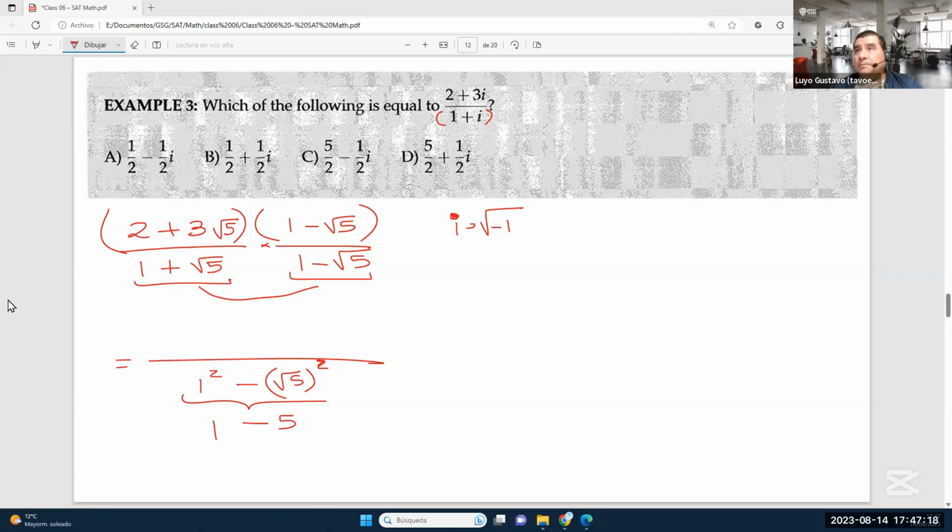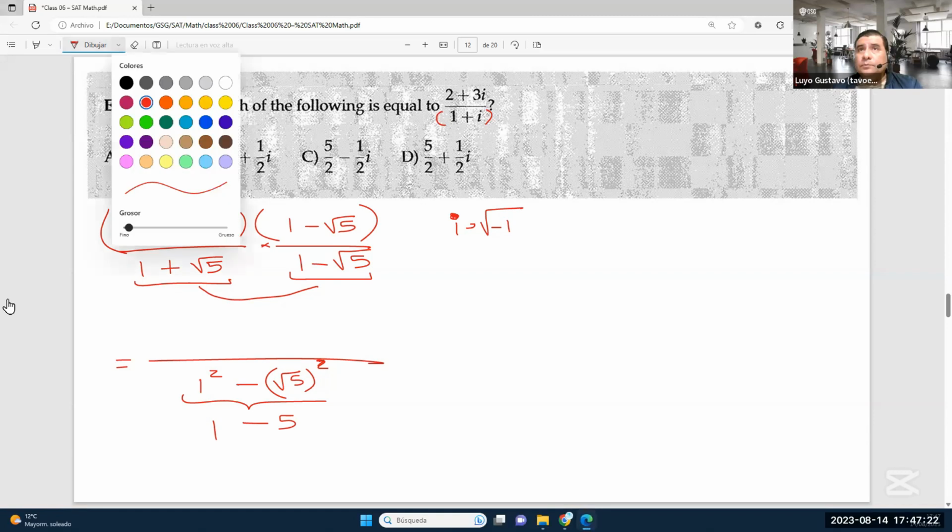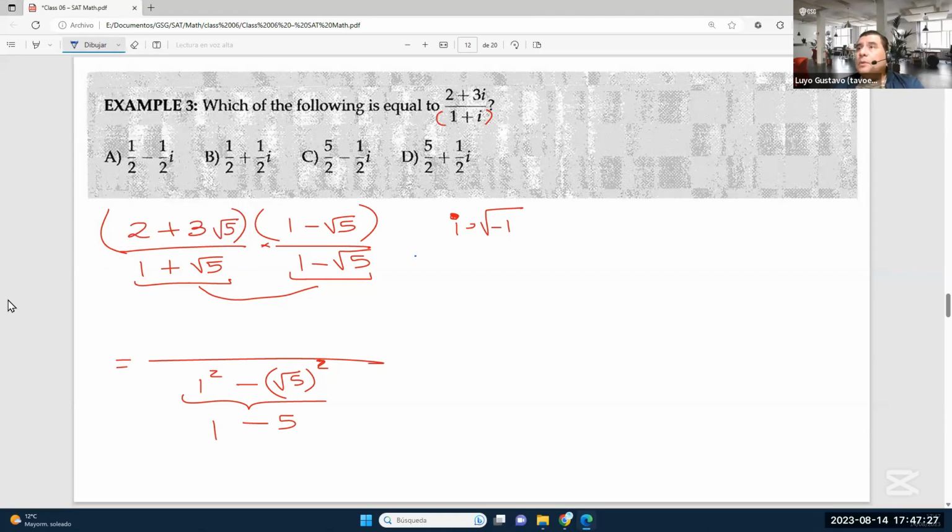Okay, let's see. So what can we try? We said multiply both numerator and denominator by the conjugate of the denominator.